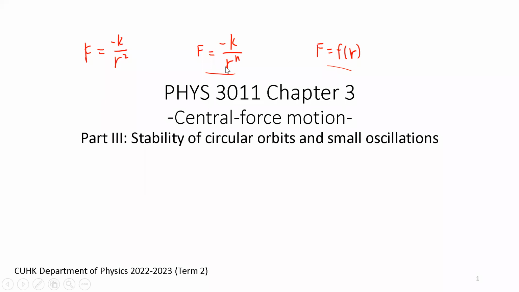So then those we can deal with. Therefore, what we are going to consider is circular orbits, but they can be due to any of these kinds of forces. And more specifically, I'll tell you whether the circular orbit is stable or not.